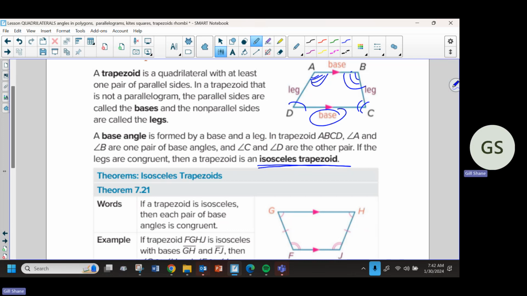If you'll notice, there are no theorems at all that just say trapezoid. The only theorems say isosceles trapezoid. That's really the only one that has special properties that would allow us, just by knowing the name of the figure, to then make some other conclusions.